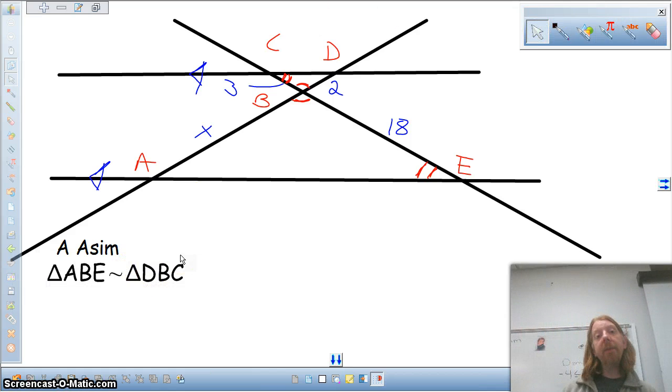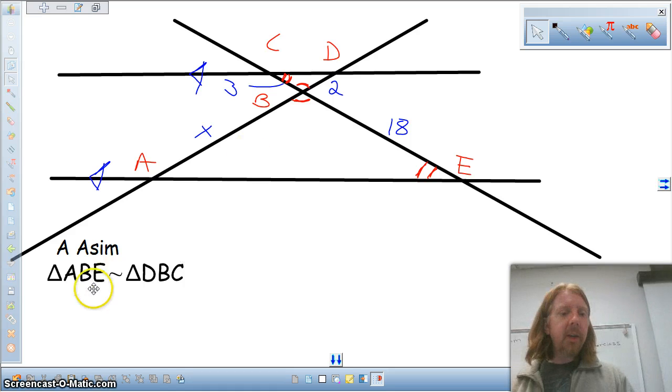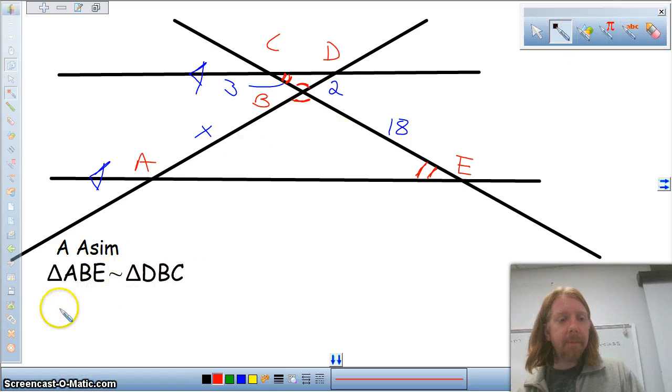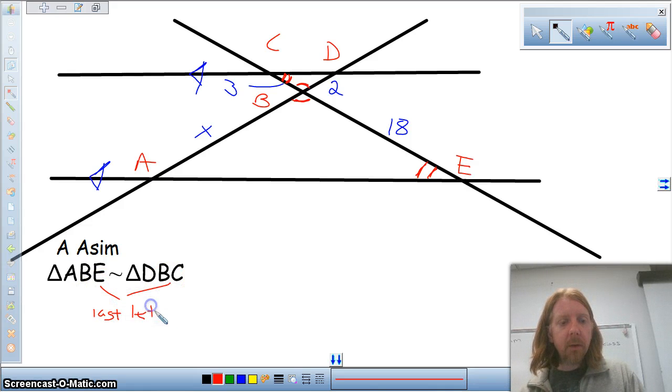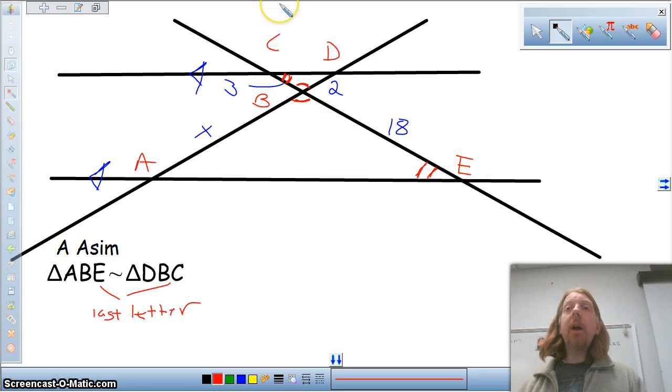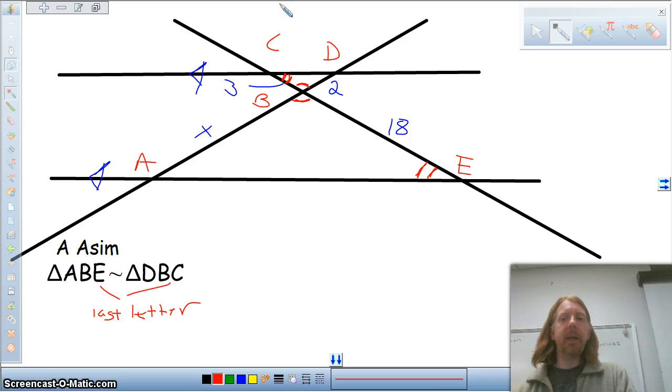It's going to pair up the sides that are similar to each other and show me which vertices are going to have the same measures. You can see here, E and C are both the last letter. And it just so happens that E and C are congruent angles. That's part of what the similarity statement shows me.